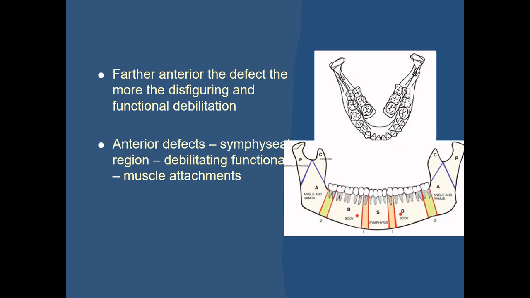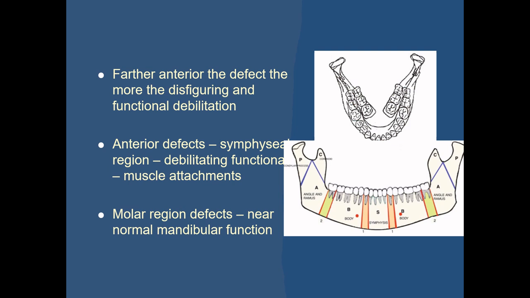And the main reason is the loss of key muscle attachments, that's the genioglossus and geniohyoid, which are located in the anterior mandible and control the tongue function and mobility. Whereas defects of the molar region, when reconstructed surgically, are likely to result in near normal mandibular mobility and functional movement, especially when the elevator muscles of the defect site remain intact. So the anterior defects are more debilitating functionally and difficult to treat prosthodontically.